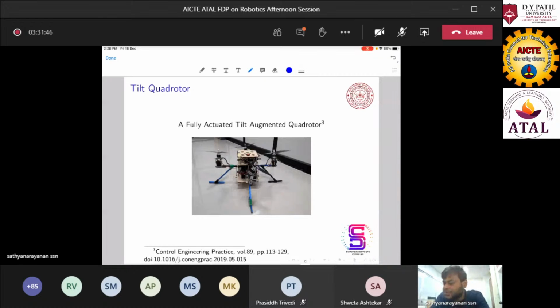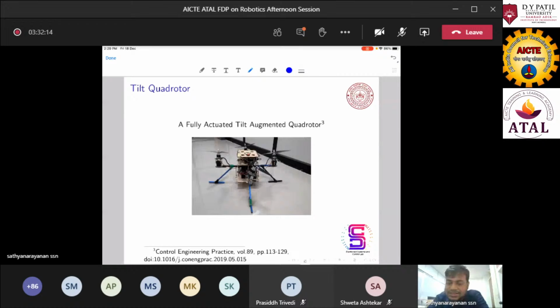The maximum roll and pitch angle has been limited, even though it's fully actuated, because you have to maintain the weight. But with a hexacopter there is no such limitation. You can have even a 90-degree pitch in a tilt hexacopter.